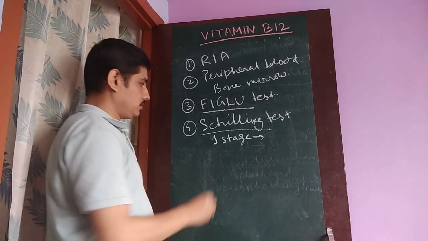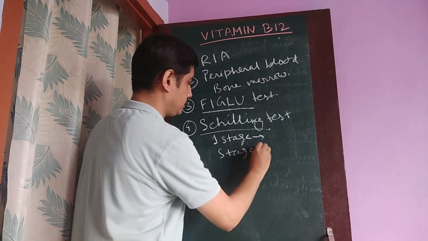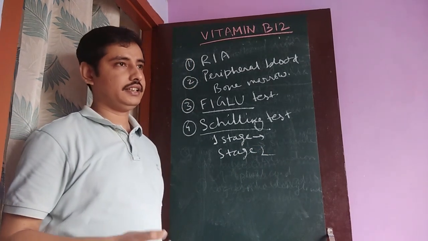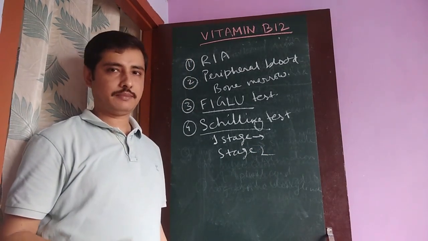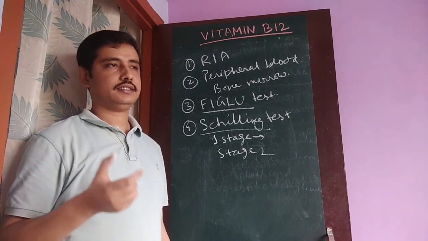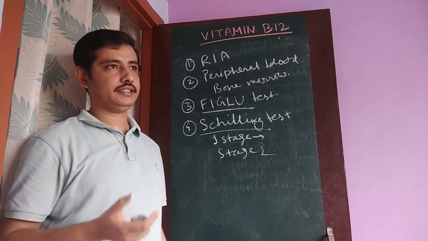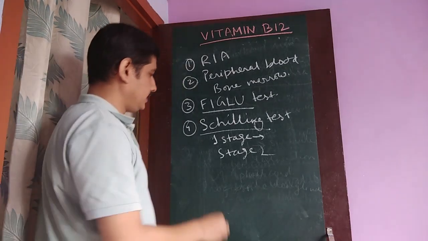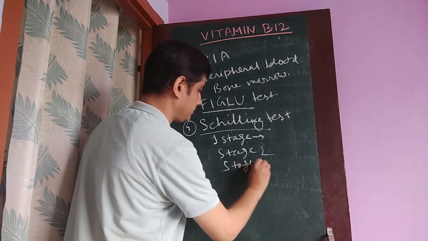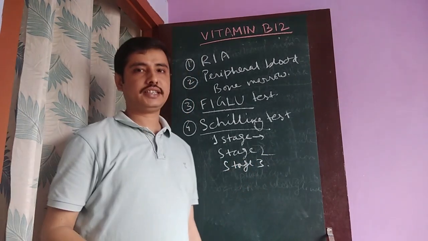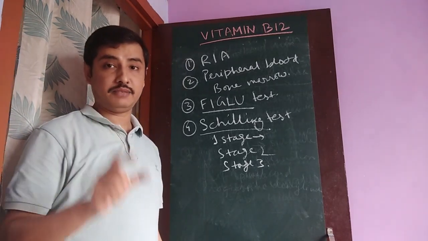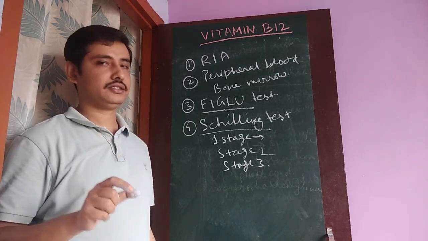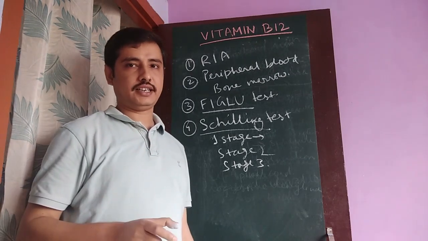In stage 2, along with vitamin B12 we add intrinsic factor. If there is normal vitamin B12 absorption, then it is clear that the defect is due to the deficiency of the intrinsic factor. In stage 3, we give pancreatic enzymes and antibiotics. Sometimes vitamin B12 absorption does not occur because of overgrowth of bacteria in the colon.